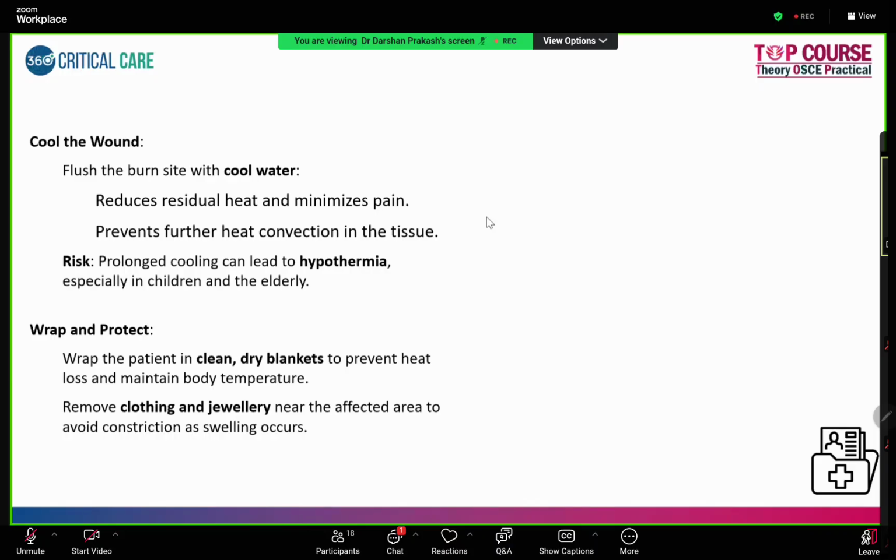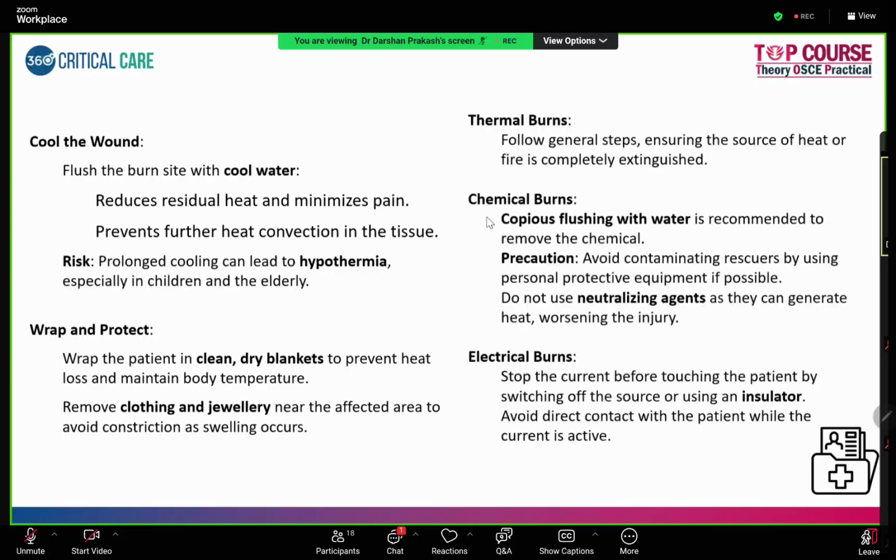So blankets should be provided to them when they come into the ER or the ICU to prevent heat loss. Thermal burns should be taken care of by extinguishing them. For chemical burns, you should usually use copious water. Always make sure when you're treating exposure injuries that you don't get hurt yourself, so you should wear protective equipment as and when possible.